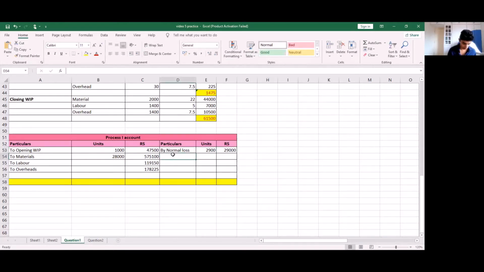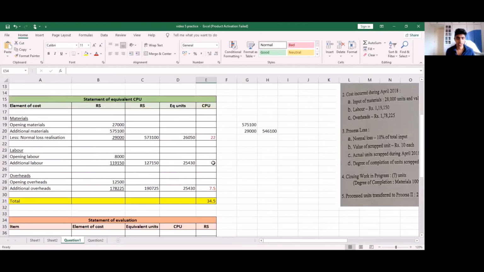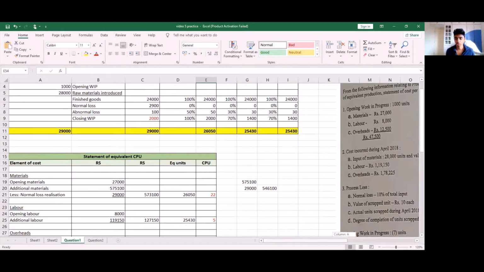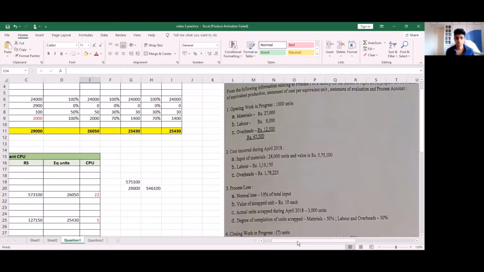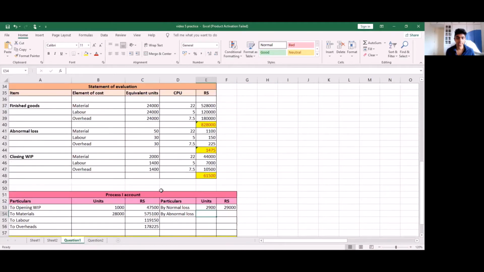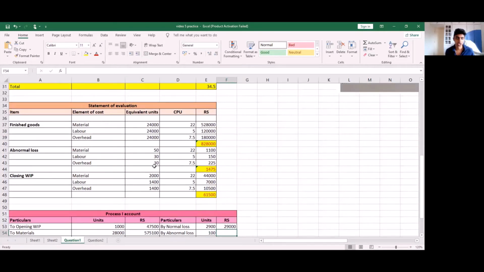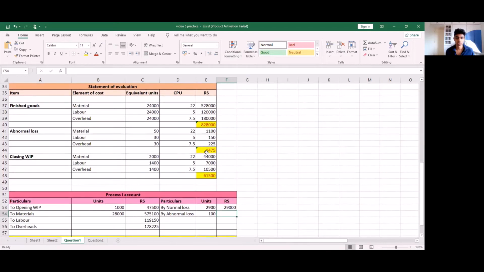Next, we have our abnormal loss. Abnormal loss we have calculated is 100, which is actual units scrapped 3,000 units minus normal loss 2,900. We get 100, which is our abnormal loss. So the value for these abnormal loss units we will take from our statement of evaluation. So we have an abnormal loss of 1,475.